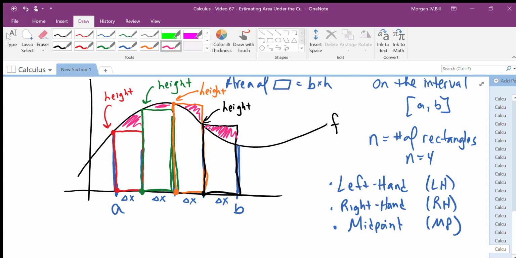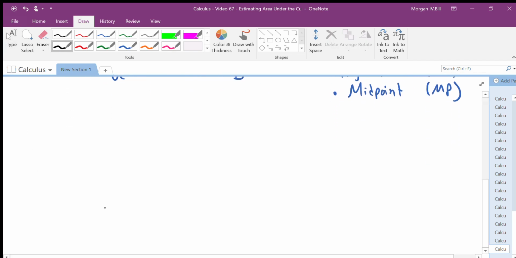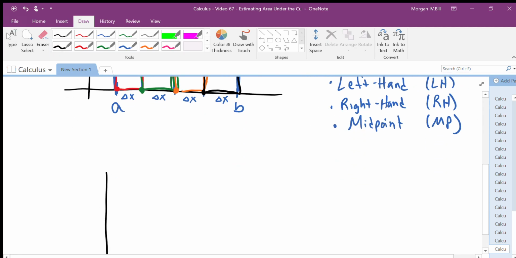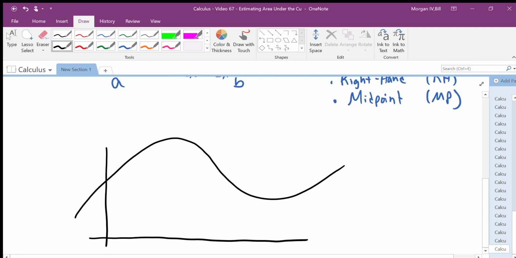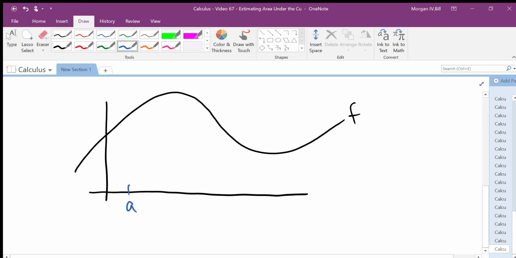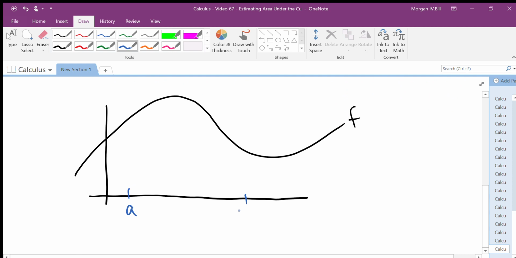What would happen if I were to use the right-hand side as opposed to the left-hand side? I'm going to try and redraw this exact same thing down below it. It probably won't look exactly the same because it's hard to draw exactly the same. But I have the same sort of function that kind of looks like this. I still want to go from A to B, the same interval.